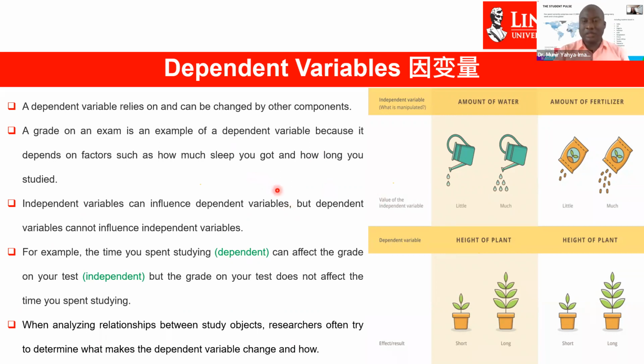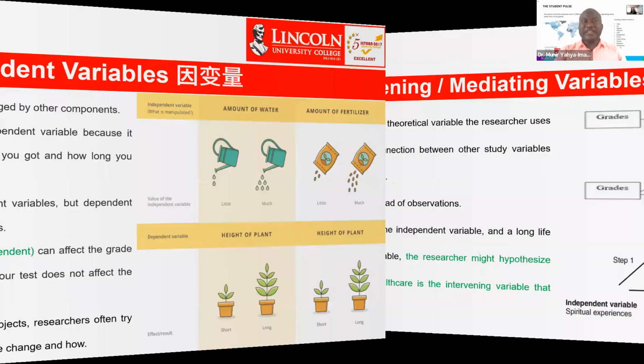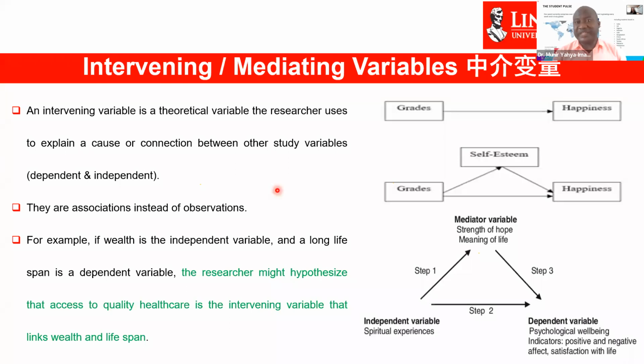Then, intervening, I can also call them mediating variables. An intervening variable is a theoretical variable the researcher uses to explain a cause or connection between other study variables, dependent and independent. Basically, they are associations instead of observations.